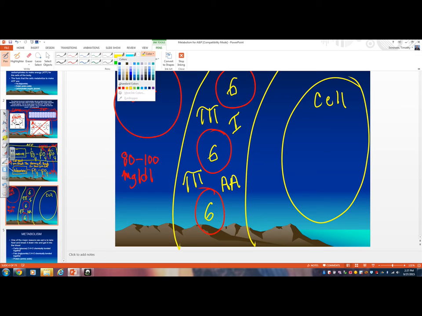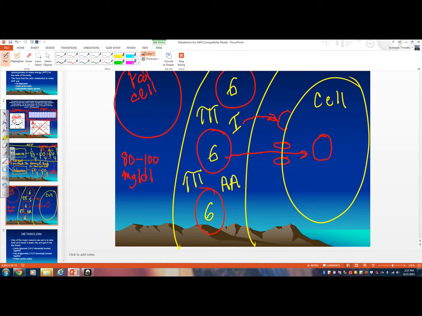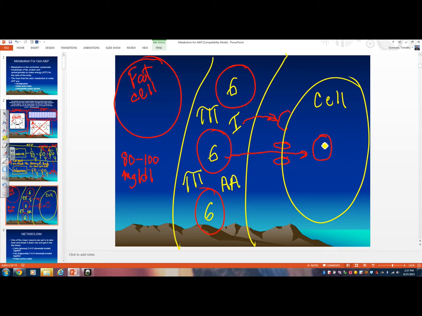The function of insulin is to bind to a functioning insulin receptor on the cell. And then when it does that, it's going to open up a gate to allow glucose to go from the blood into the cell. So now you have glucose in the cell.